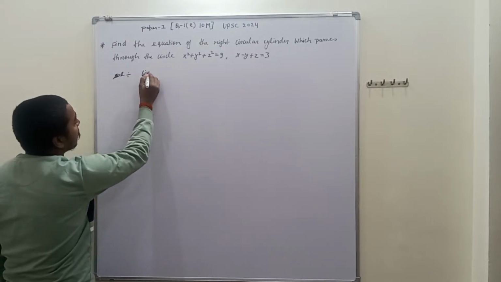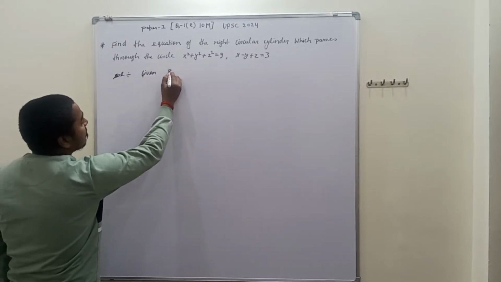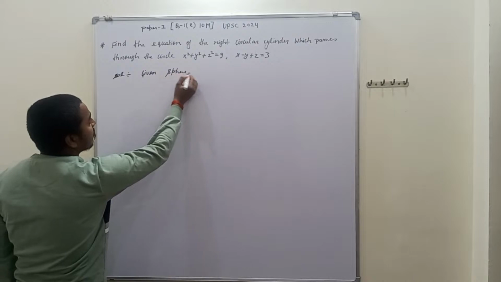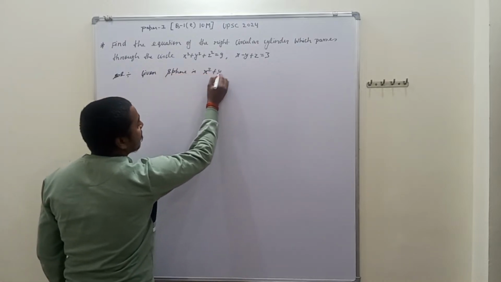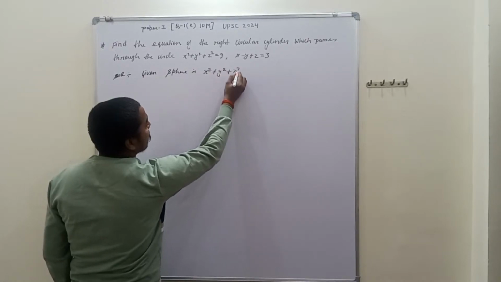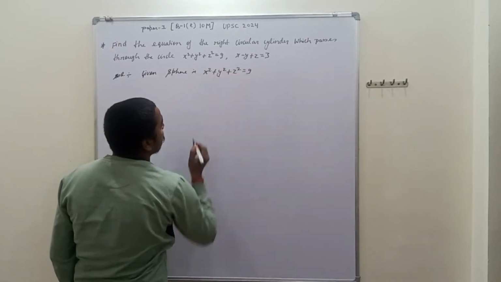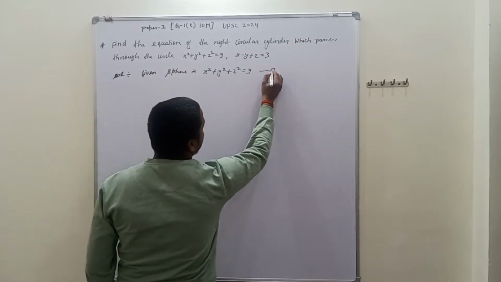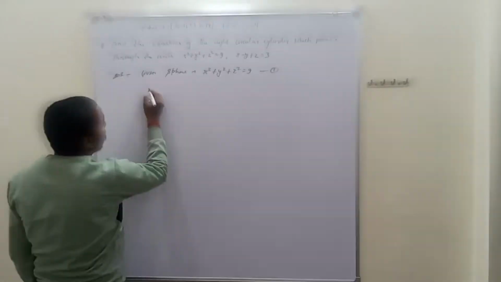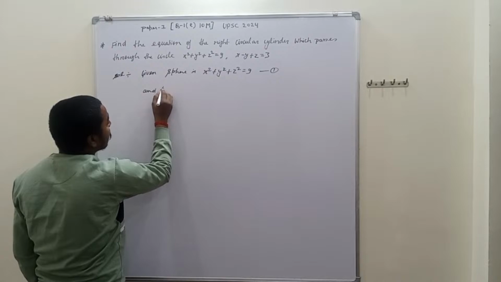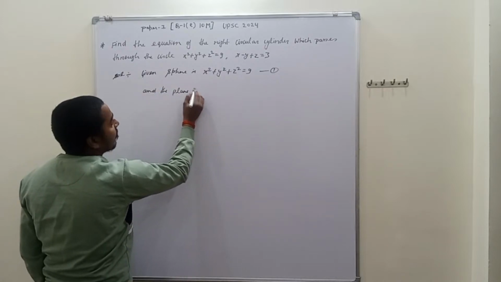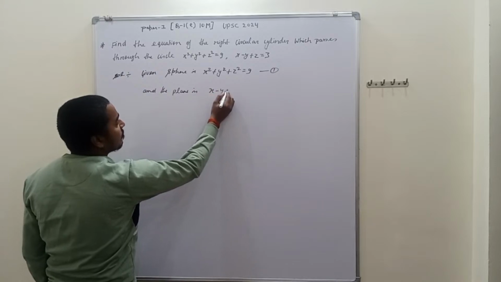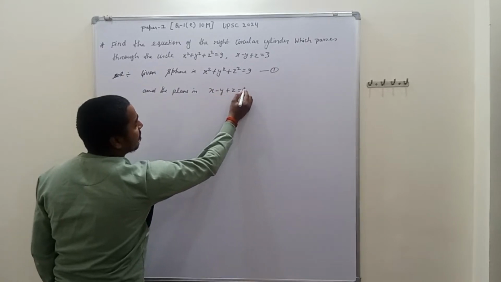Given a sphere x square plus y square plus z square is equal to 9. That is equation 1. And the plane is x minus y plus z is equal to 3.